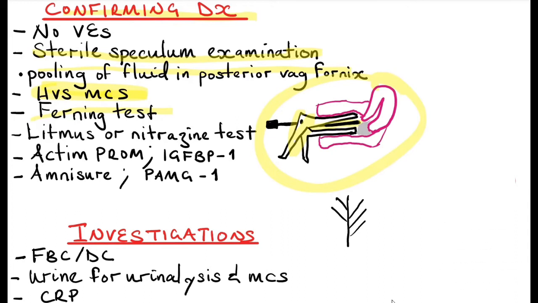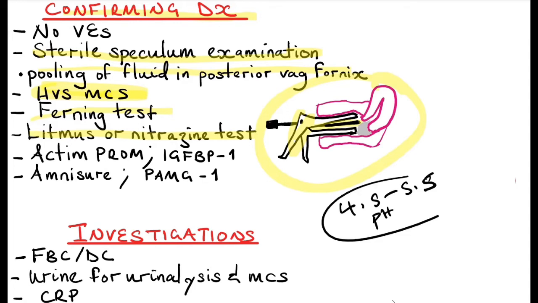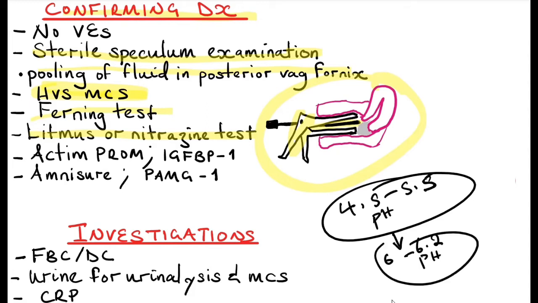Another test to confirm this is a litmus or nitrazine test. What it does is it detects the pH. So normal pH in pregnancy in the vagina is about 4.5 to 5.5. The normal amniotic fluid pH is 7 to 7.5.